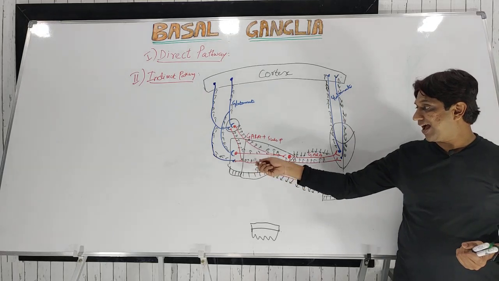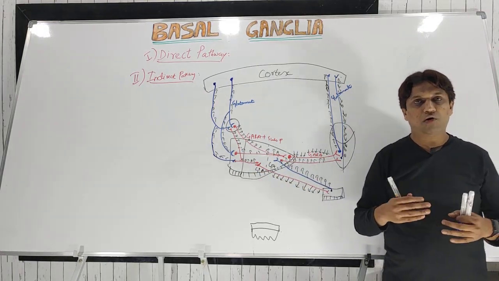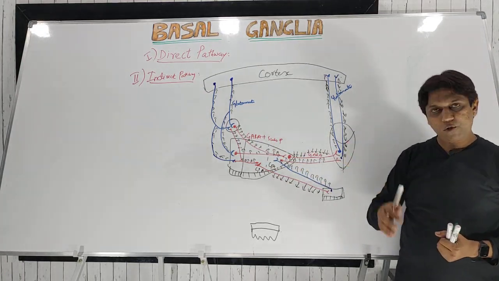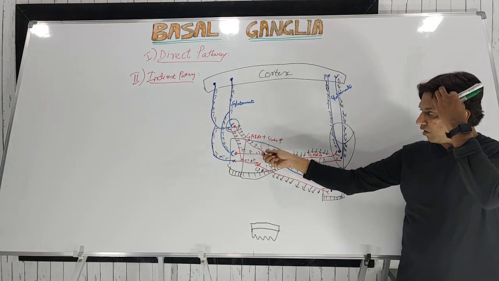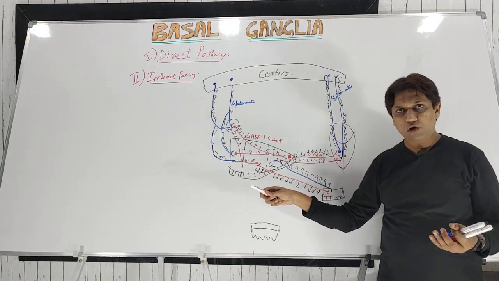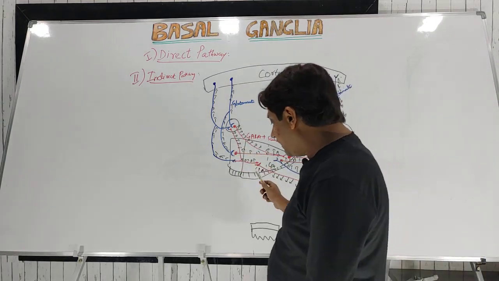Whereas if there is damage to the indirect pathway, we see dyskinesia, or overactivity of movements. So in Parkinsonism we get hypokinesia, where there is a problem with the direct pathway, whereas in Huntington disease or chorea the lesions are in the indirect pathway.